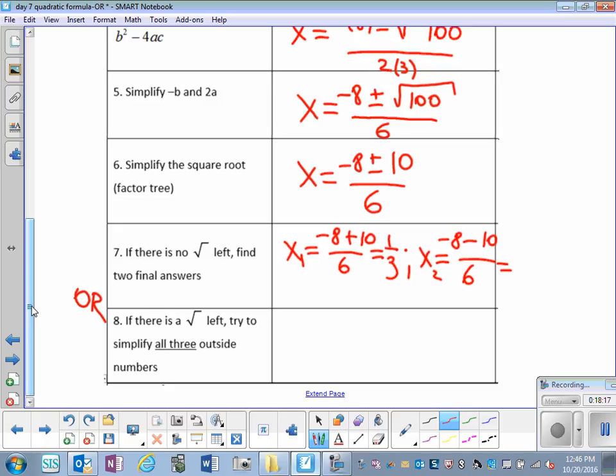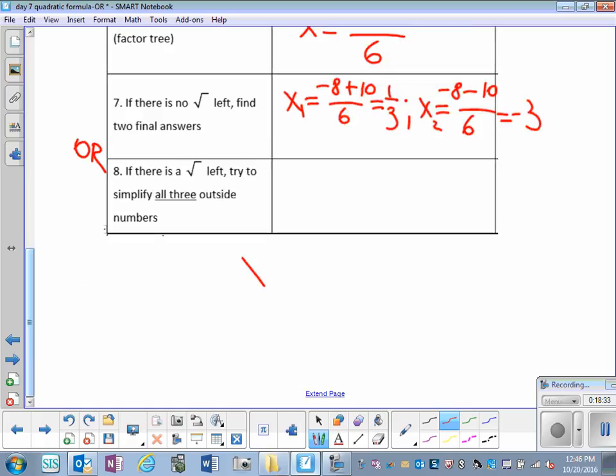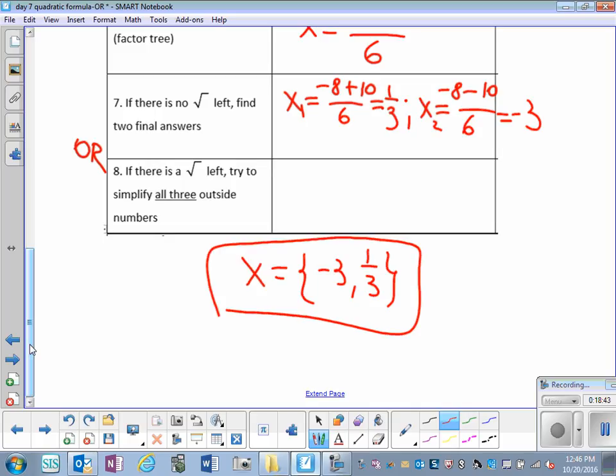And that gives me negative 3. So I have these two final solutions, 1/3 and negative 3. If I really want to, we can put it in the fancy brackets. So negative 3, 1/3. This is our final answer. And we are skipping step 8 because it's either 7 or 8.